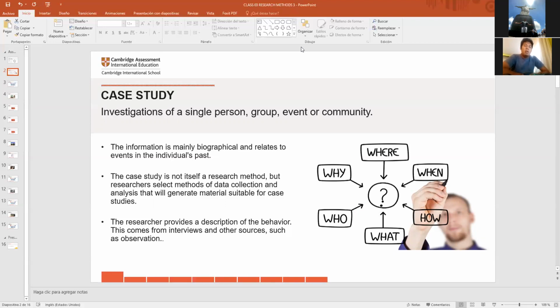As the image implies, in a case study we ask as many questions as possible about the event or the person that we are researching. This helps us get specific insight on one person or event, viewed as a starting point to draw a larger experiment or larger research.